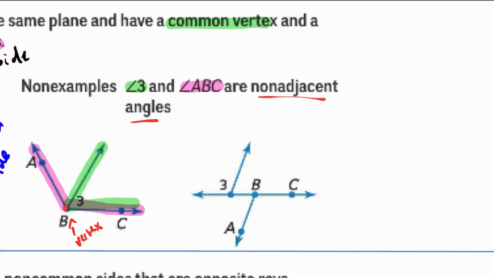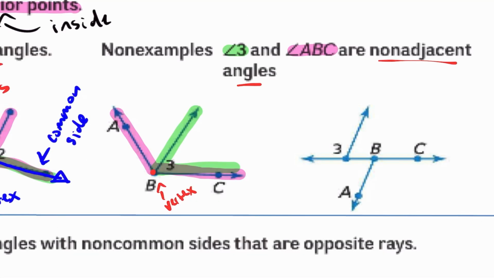However, angle 3 and angle ABC don't share a common side. And that's because angle ABC does not have this side whatsoever. Only angle 3 does. But we can see that angle 3 is inside of angle ABC.